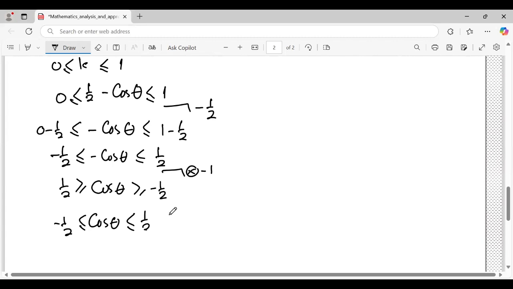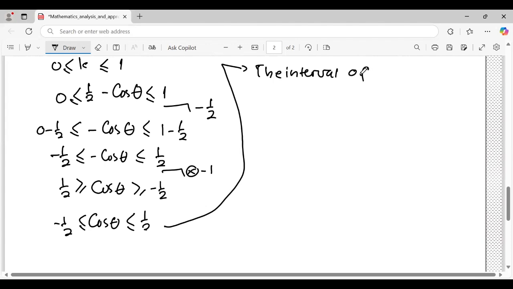So we can state that the interval of cosine theta is between minus 1/2 and 1/2.